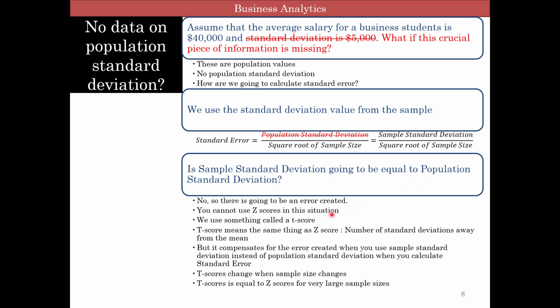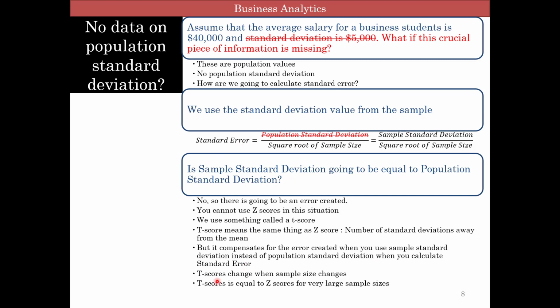So you cannot use z-scores in this situation. Remember, z-scores require you to have the population standard deviation. We will use something called a t-score. Now, a t-score is also the number of standard deviations away from the mean, just like a z-score was. But it compensates for the error that is created when we are using sample standard deviation to calculate standard error.